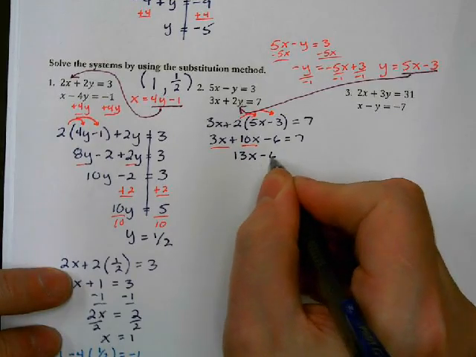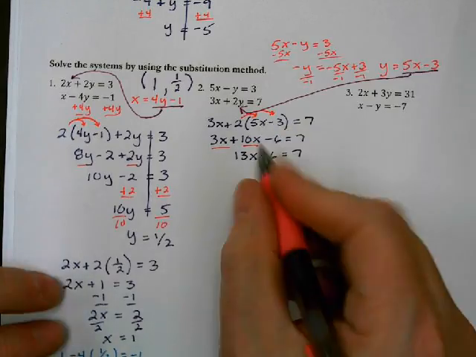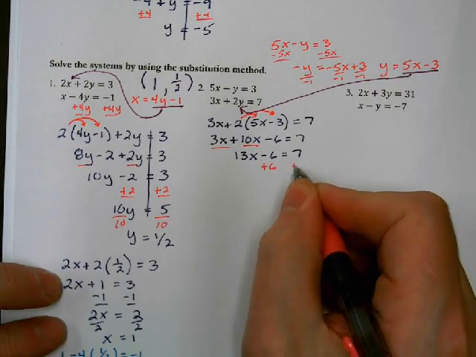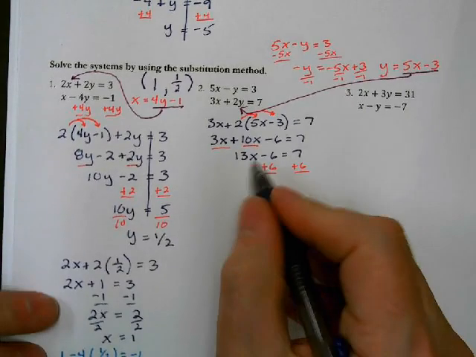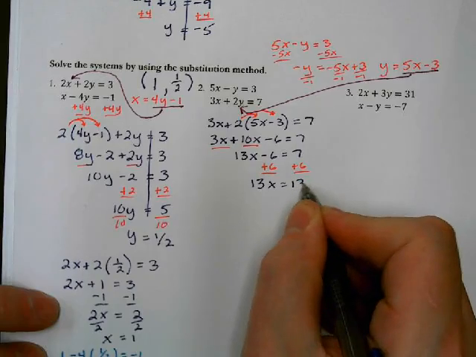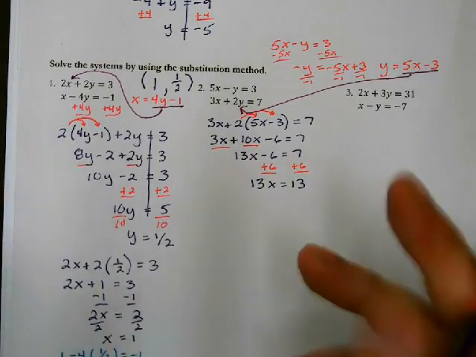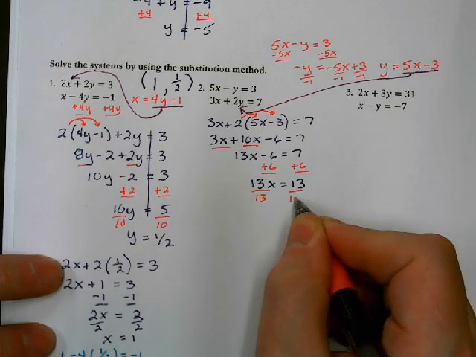I'm going to use the addition property of equality and add 6 to both sides of the equation. That leaves me with 13x is equal to 13. Now I'm going to use the division property of equality. I'm going to divide both sides by the same number. It appears as if x is 1.